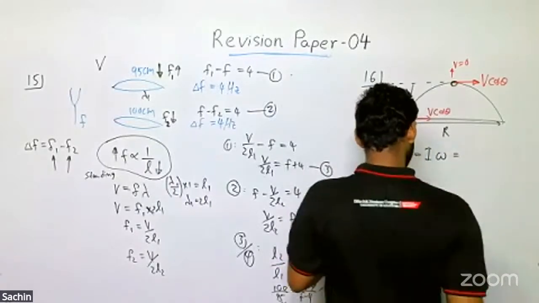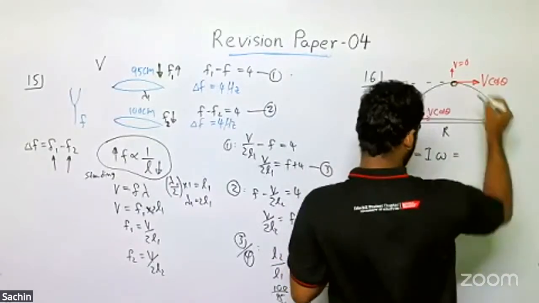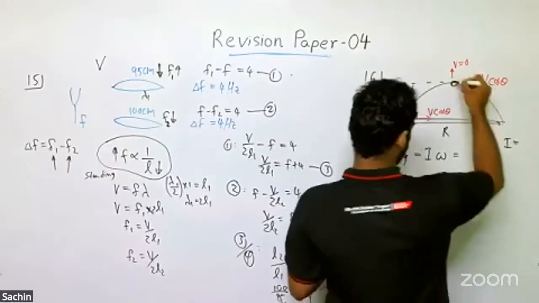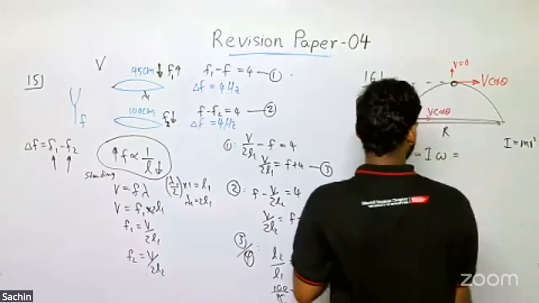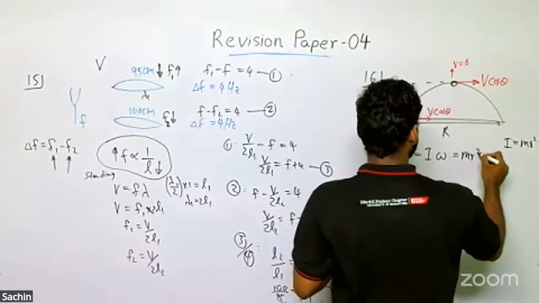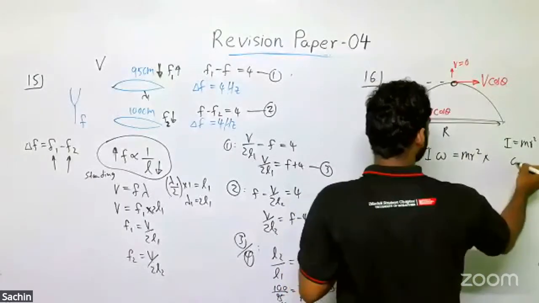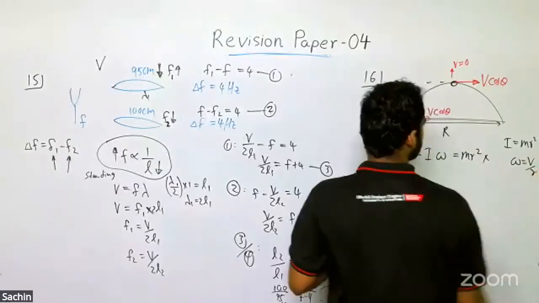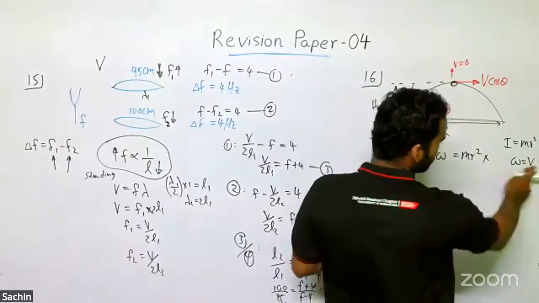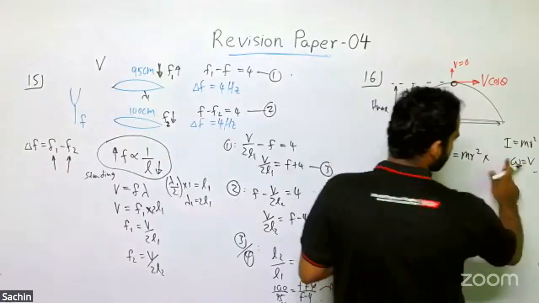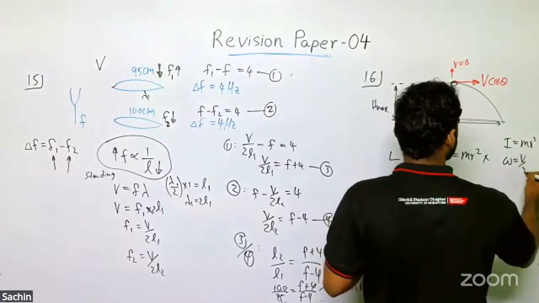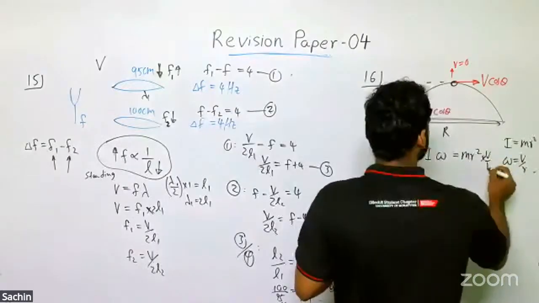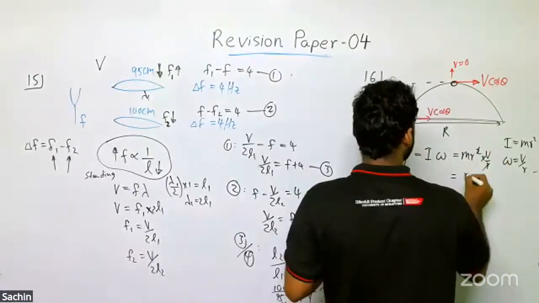Again, we can rearrange this for a point mass. For a point mass like this, the inertia is given by m r squared, and omega is nothing but velocity divided by r, tangential velocity divided by the radius, isn't it? So when you apply this here, you will get the angular momentum.